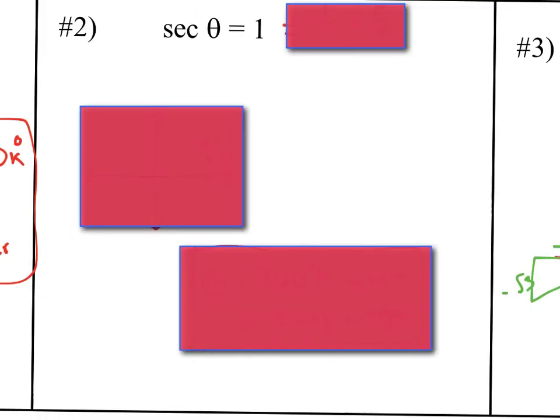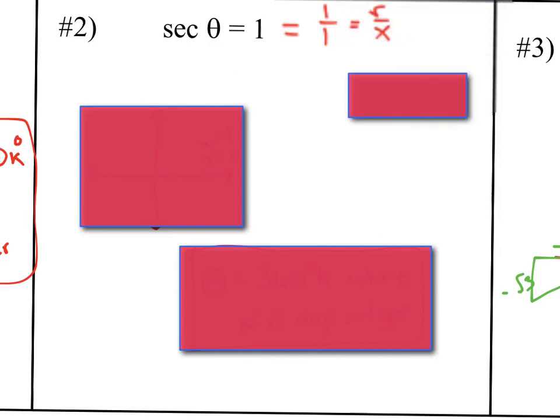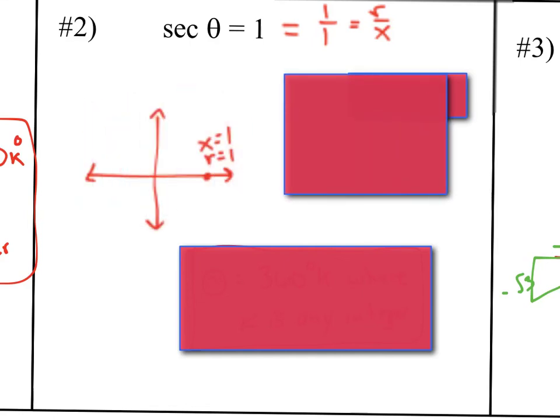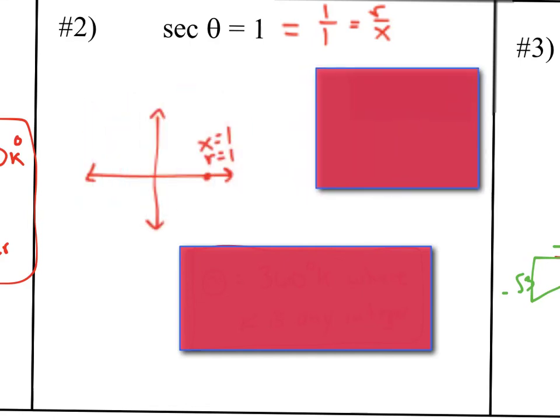Number 2, secant of theta is 1. 1 as a fraction could be 1 over 1, or it could be -1 over -1. Secant is r over x. Therefore, it couldn't be -1 over -1, because that would mean that r would have to be -1, which always has to be positive. Therefore, r is 1 and x is 1. When does that happen? Well, that happens on the positive x-axis.